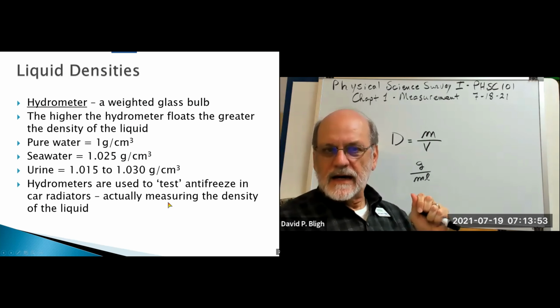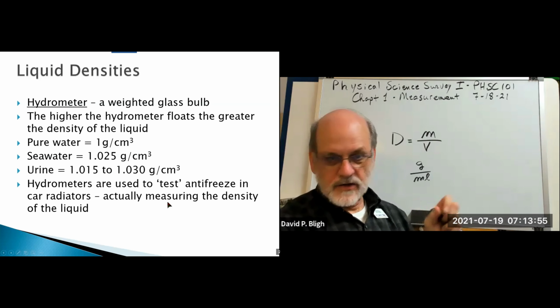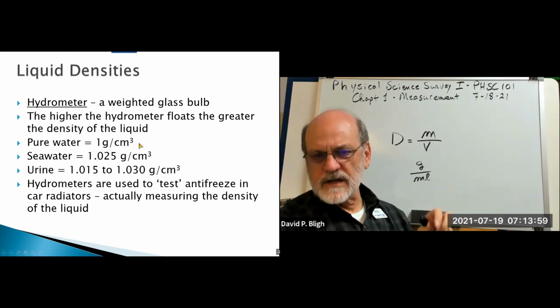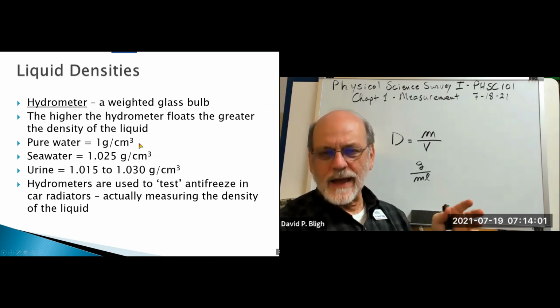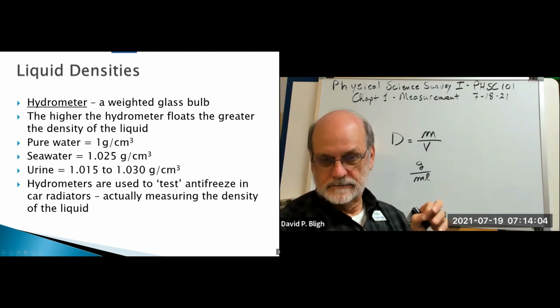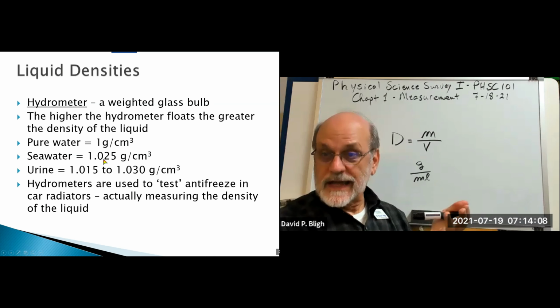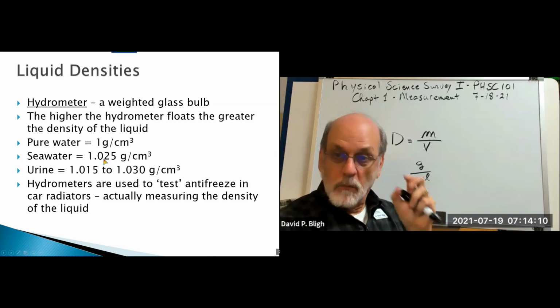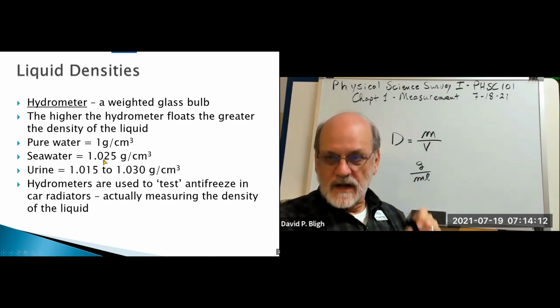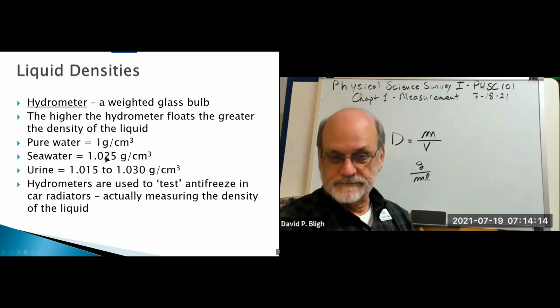Okay, liquid densities, right? Pure water is 1 gram per cubic centimeter. Actually, it should be 1 gram per milliliter, but the number is the same. Seawater is a little heavier, a little more dense, because it has lots of dissolved salts.